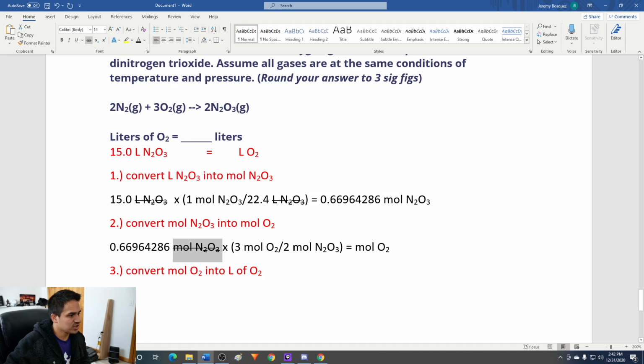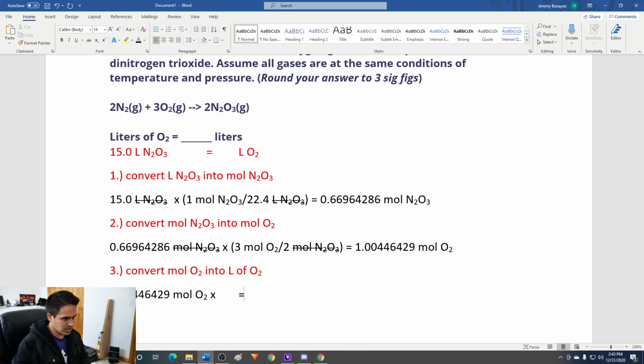So take our answer from the previous part, times that by 3, divide that by 2, and I get 1.00446429.